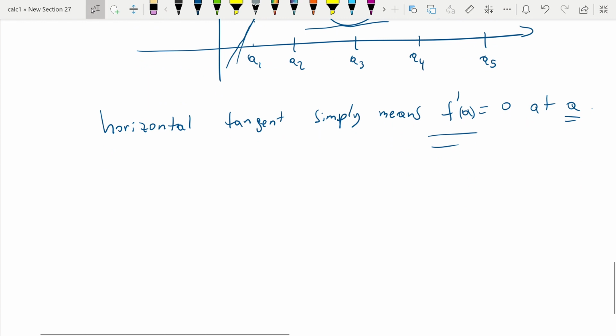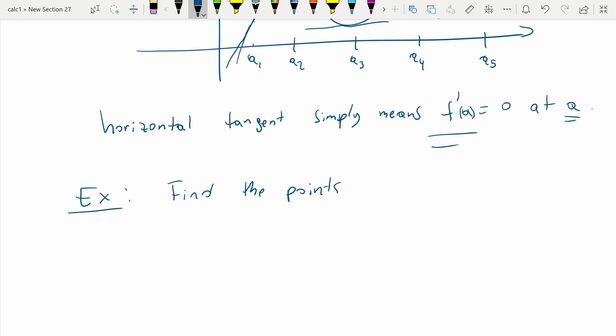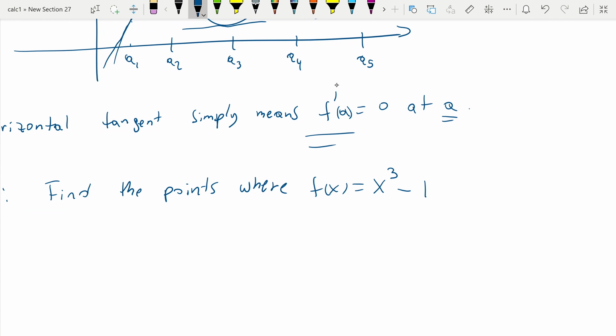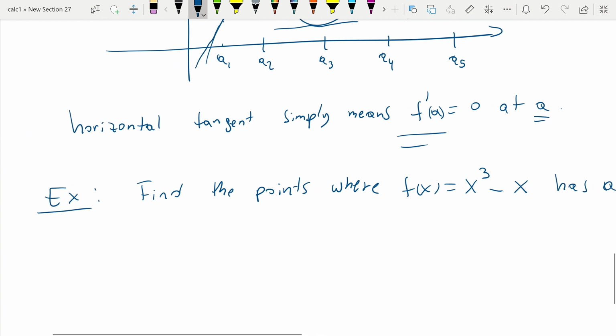Now we can combine everything that we've done so far, and you may be asked to find the points where f of x equals x cubed minus x has a horizontal tangent.